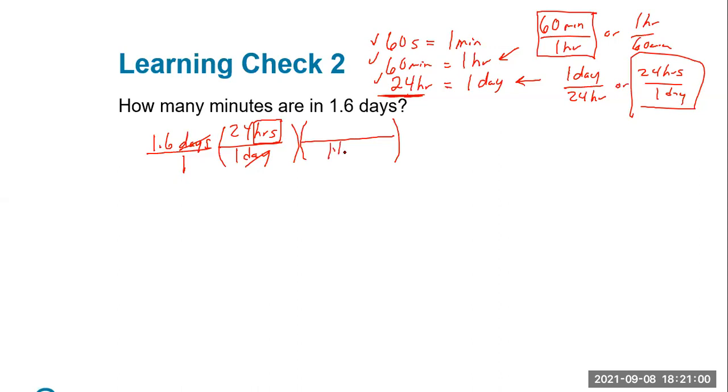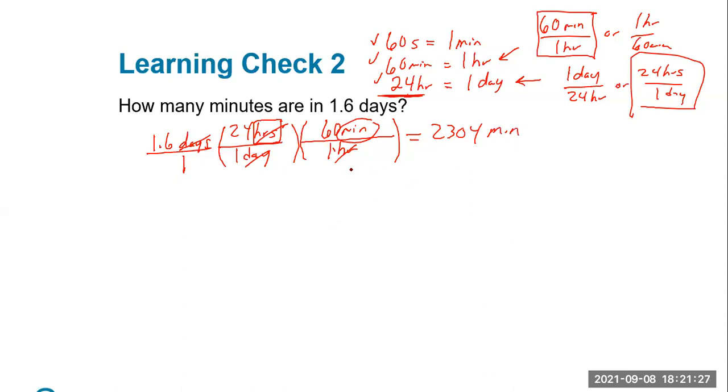Gives me 1 hour on the bottom and 60 minutes up on top. Hours will cancel. Math-wise here, we're taking 1.6 times 24 times 60. On my calculator, I do yield 2304. The units that are left are minutes. That's the only one left.